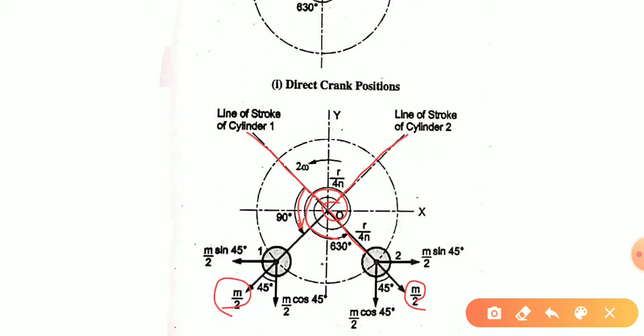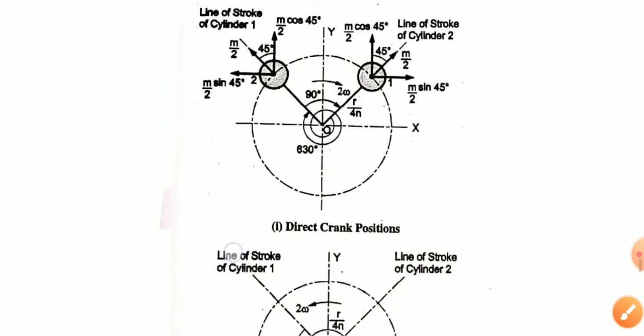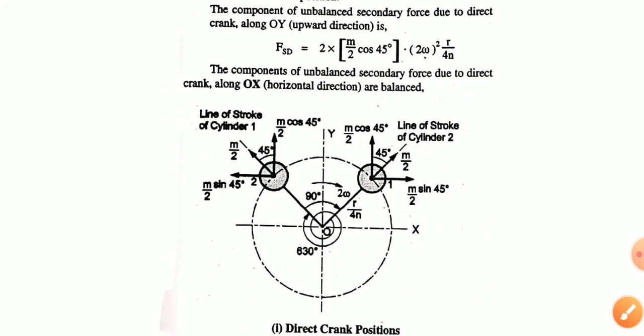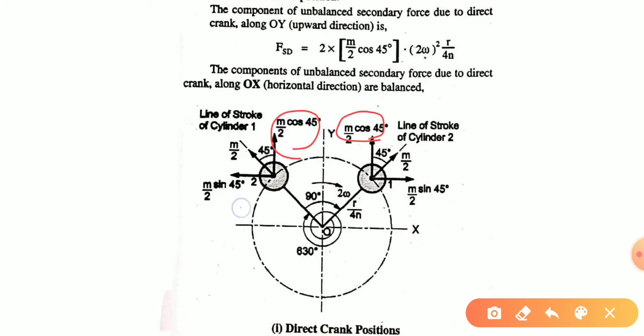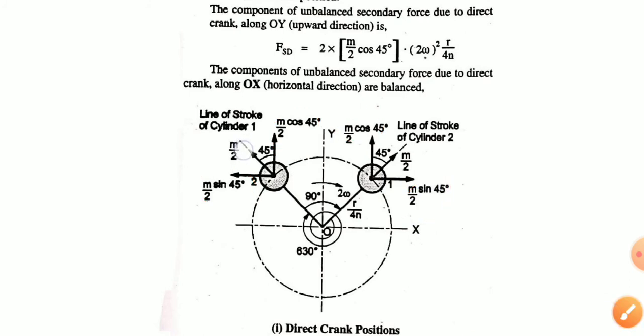Now we know that this is the horizontal component and this will be the vertical component for angle 45. This will remain unresolved, and these, because they are acting in opposite directions, will balance each other. In the same way over here there will be an unbalanced force in one direction, and these two forces will be in a balanced condition.